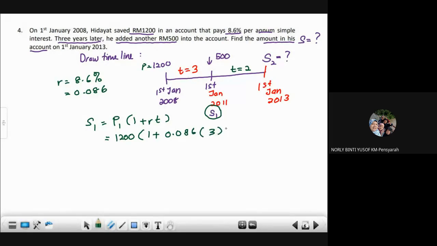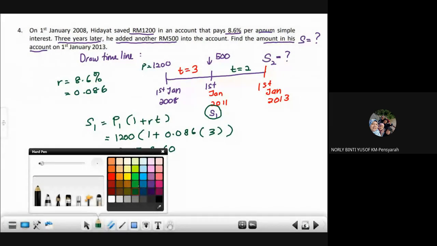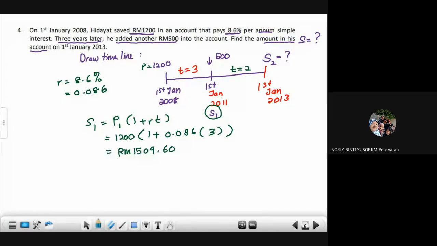Sebab sinilah 3 tahun. Okay, so kira dapat 1509.60. Okay, itu untuk sum in the 1st January 2011. Lepas tu, bila you dapat sum tu, you kena cari at the total amount untuk 2013.